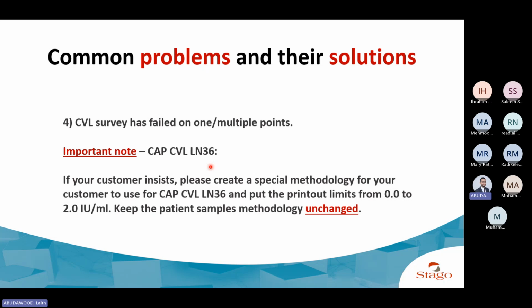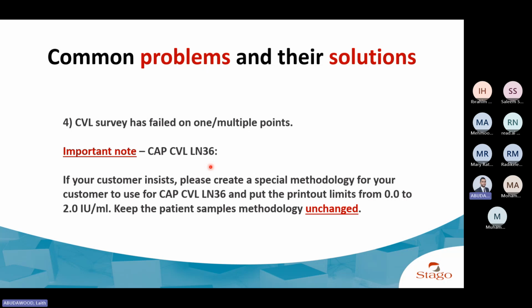You should not be reporting sample patient results below 0.1, okay? So you create a special methodology. You call it CAP, you call it whatever you want, and you can put the printout limits from 0 to 2.0. Okay, because 2.0 is the upper measuring range for this assay.